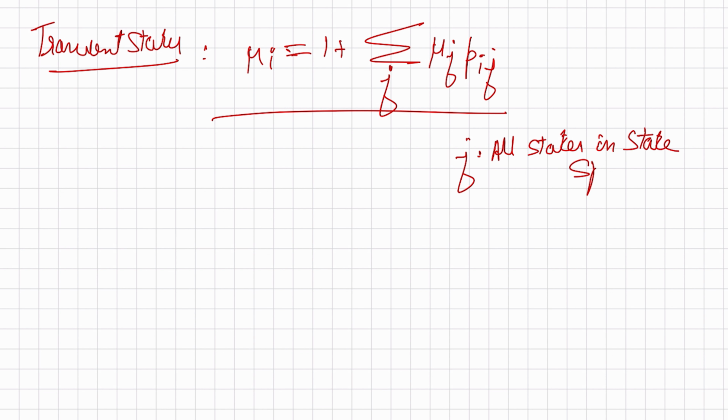Whenever we're trying to find out what are the possible states you can go to from i, for each state we compute the probability of this jump, and we multiply this with the expected time to get absorbed from that state. So essentially what we're saying is we're trying to compute the expected time to absorption from the next state you go to from i. And we don't know the precise state j. Therefore, we compute the probability of reaching any state j, and multiply it with the expected time to get absorbed from that state j.